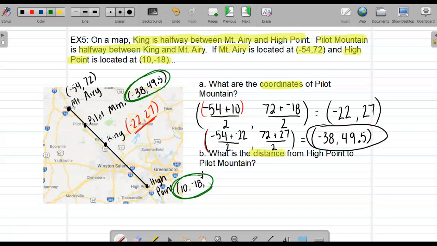All right, so first thing we have to do is subtract our x's. So what would we subtract there, Hayden? Okay, so negative 38 minus 10, that's going to give me negative 48. Okay, what about for the y's, Hayden?